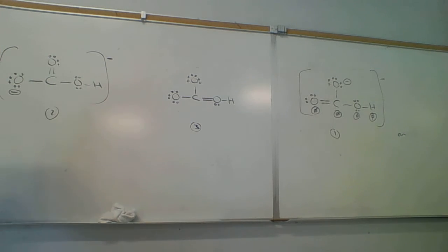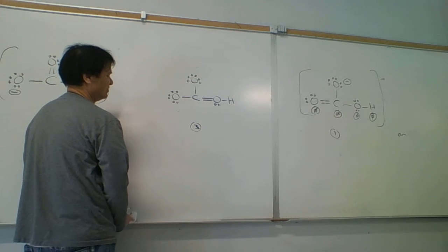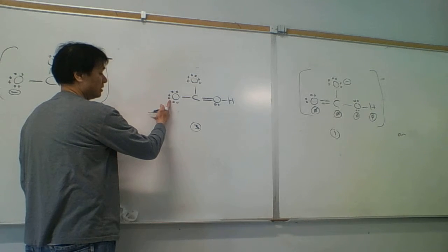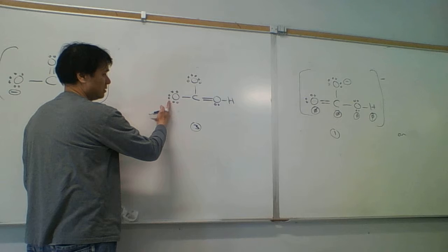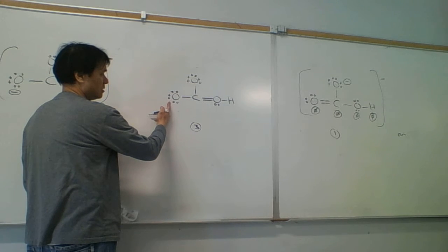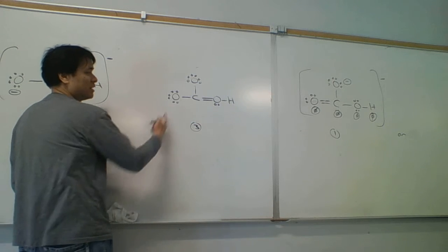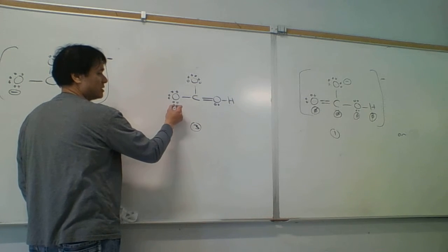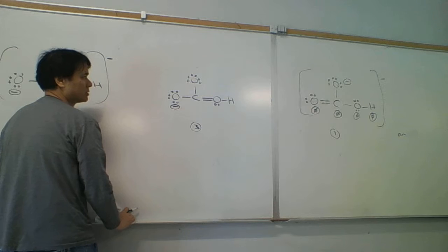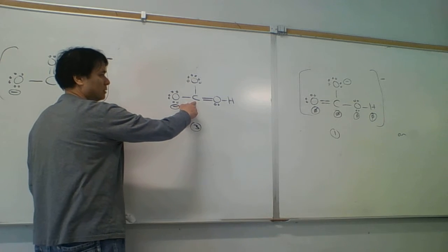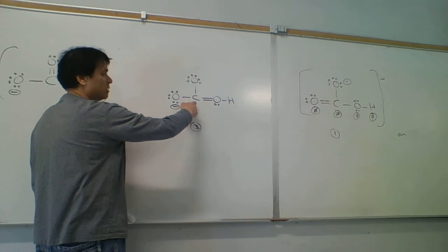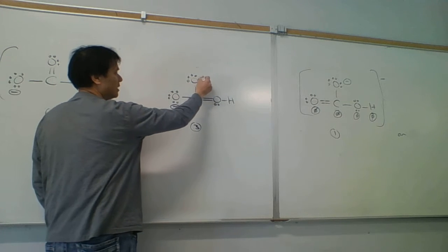What are the formal charges here? How about this oxygen? It has 7 electrons, which means it's supposed to have 6, so it came out ahead 1 electron. This carbon? 0. This oxygen? Minus.